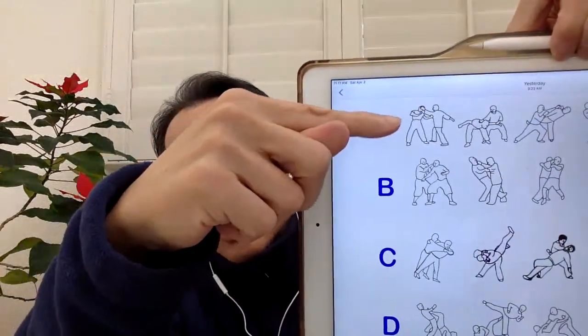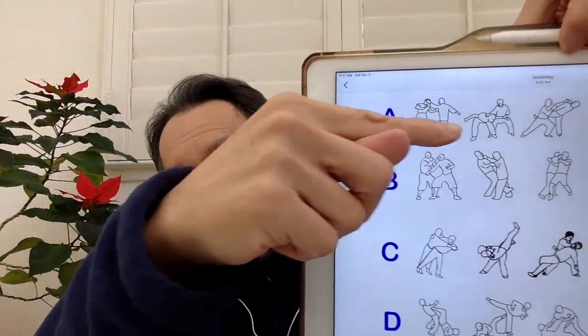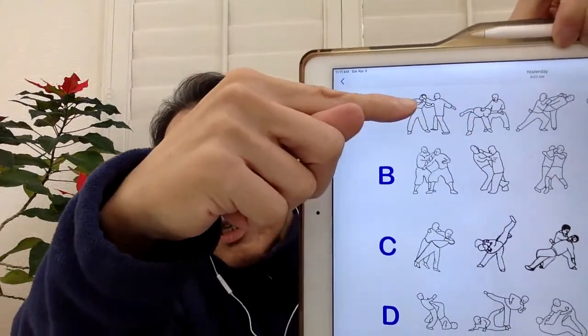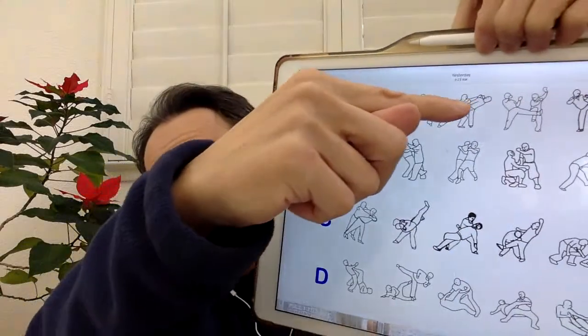For example, this is a chop down. This is a sweep. You look at all this stuff, it's like in Choi Lei Fut, right? It's not Western boxing. It's not Santa, the creations of today.